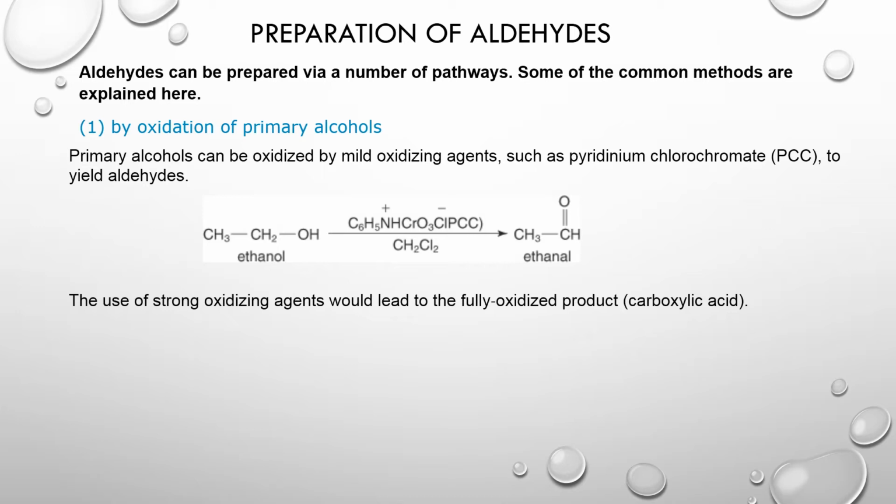So only in the presence of a mild oxidizing agent does a primary alcohol get oxidized into an aldehyde. The best example for this is ethanol to ethanal. So this is the oxidation of primary alcohol.